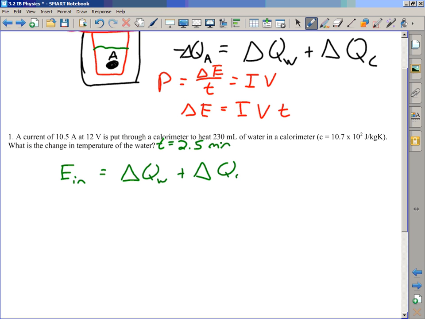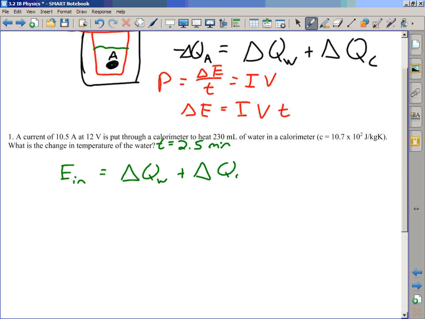I multiplied the time over to the other side. Power equals IV. Power also equals energy divided by time. So now I set up energy over time equals IV, current times voltage, and I multiply the time to the other side. I'm not looking for perfect understanding. I just need this to actually be able to work this problem. Okay?